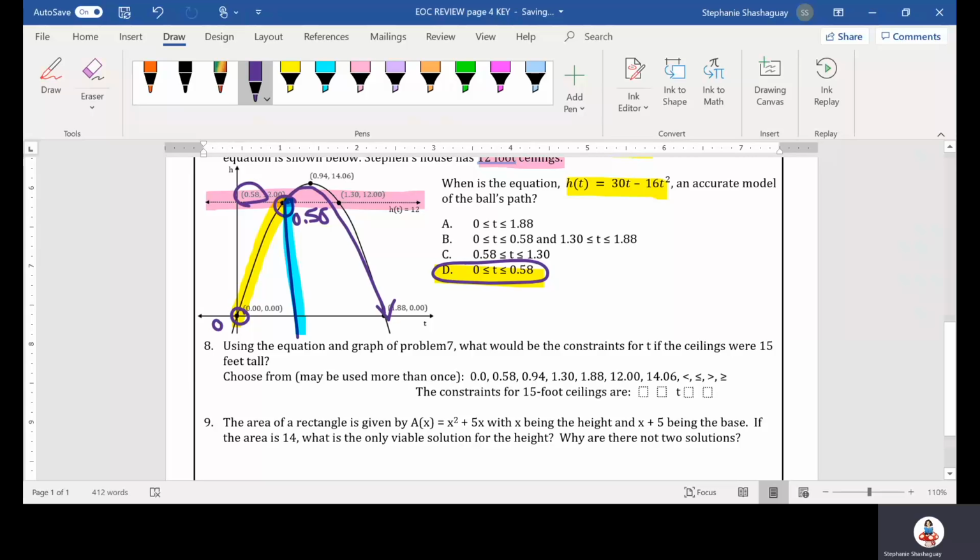Okay, using the equation and graph of problem 7, what would be the constraints? And constraints is just talking about your possible x values or your domain.